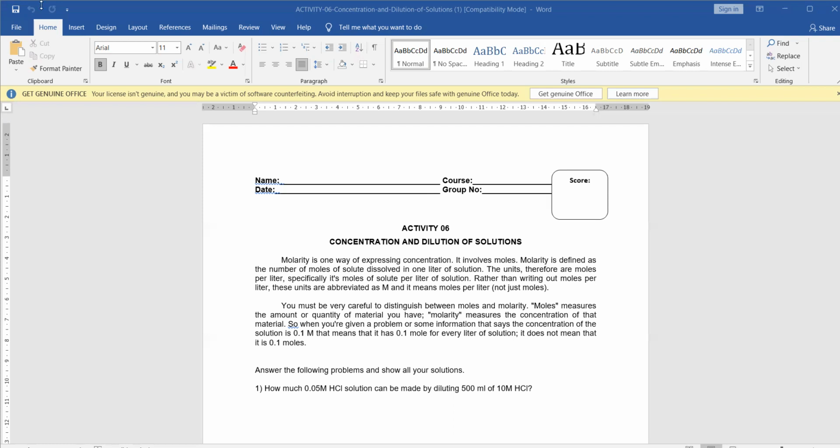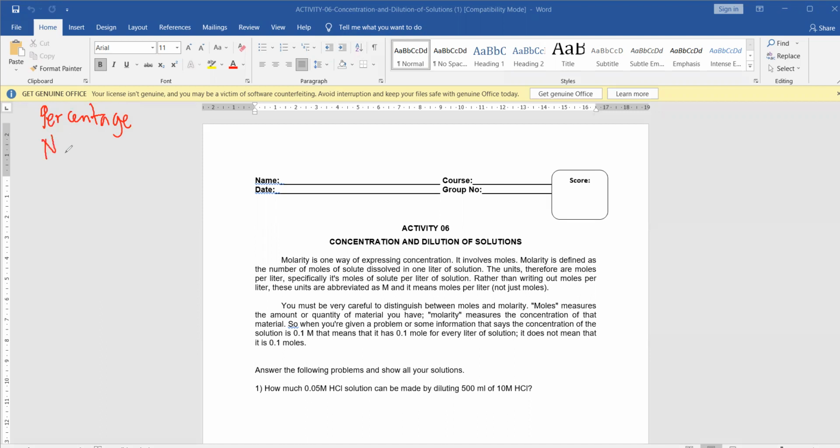So marami kasi tayong units or expressions of concentrations, and I think the most familiar one sa inyo is the percentage. So like when we say 100% yung concentration niya, then it is concentrated. It's very concentrated if 100%.